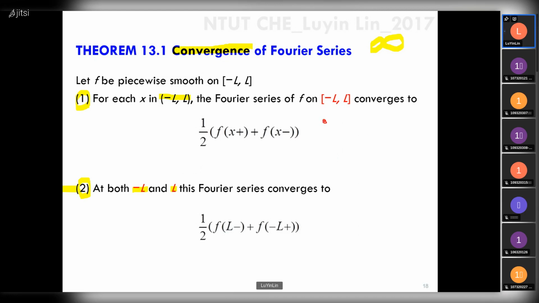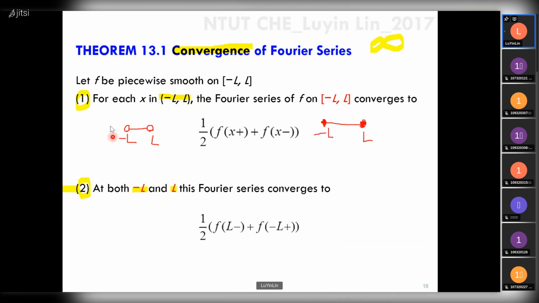This range means the solid point, minus L to L, solid point. This one is the void, minus L to L. Okay. So for this one, the x ranges from minus L to L, but no minus L, no L. So the points minus L and L are here.